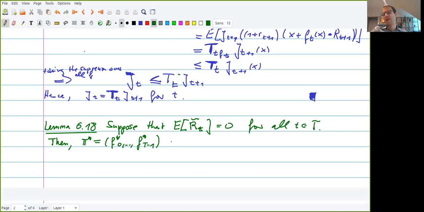Well, if I cannot do better than the bank account, because on average I'm making 0 profit, and if I invest in the risky asset, well, I put all my money into the risk-free asset, because there I know for sure how much money I make. And this is actually what we also get out from our theory here. So if on average the risky assets are performing equally well as the risk-free asset, well, I put all my money into the risk-free one, meaning I take all the positions to be 0.